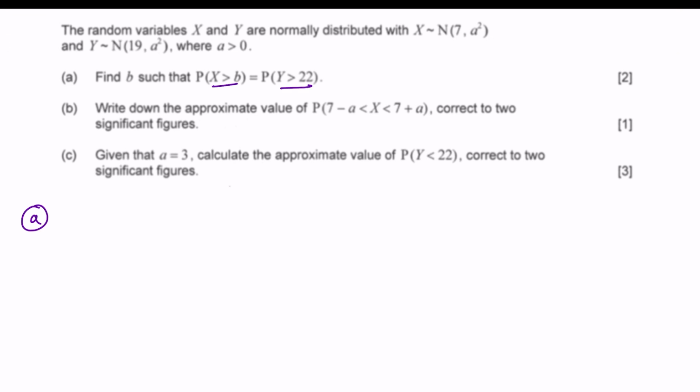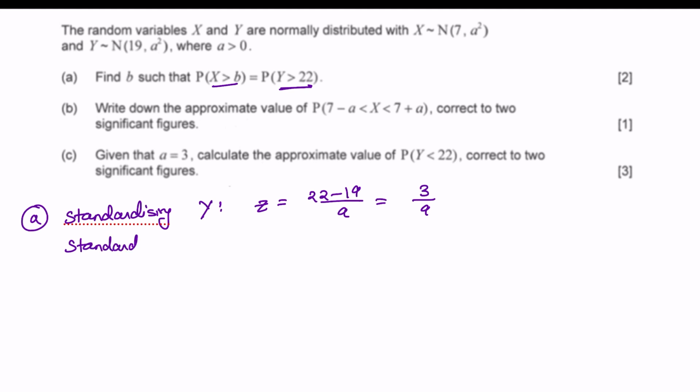So, when we standardize the right side, z would be 22 minus the mean, 19, divided by a, which is 3 over a. And when we standardize X, z would be, this is b, right?